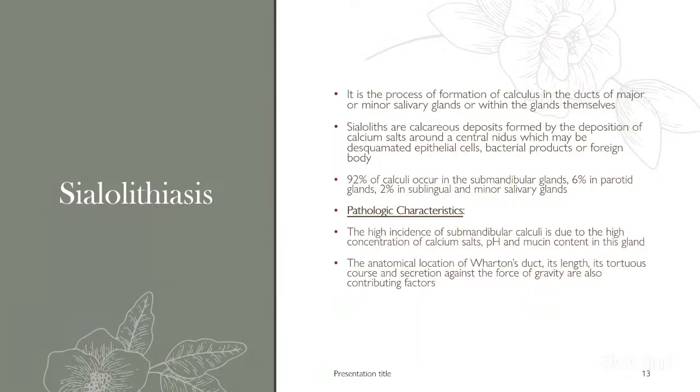So the next condition is sialolithiasis. Sialolithiasis is the formation of calculus in the ducts of the major salivary glands or within the glands themselves. So sialoliths are calcareous deposits. They are formed by the deposition of calcium salts around a central nidus, which may be desquamated epithelial cells, bacterial products, or foreign body. And the majority of them occur in the submandibular salivary gland.